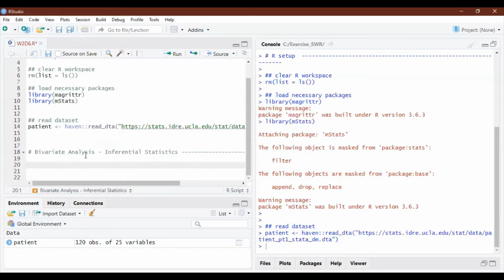Please note here that we haven't managed our data. We just go straight to the inferential statistics. That is just to give you an idea how to do it in R and interpret it.